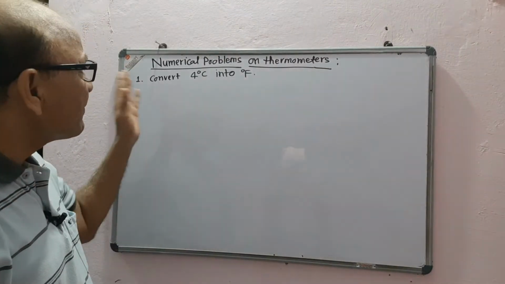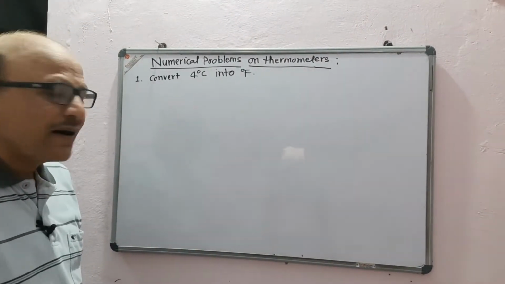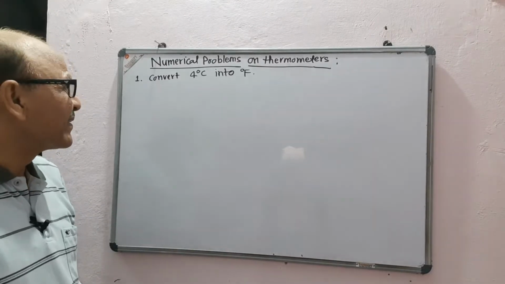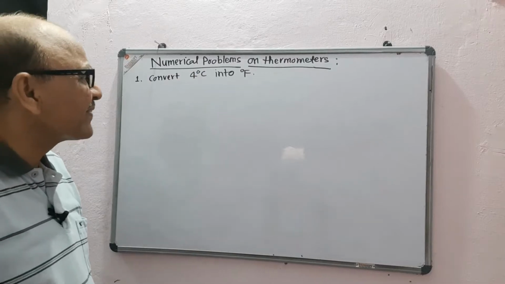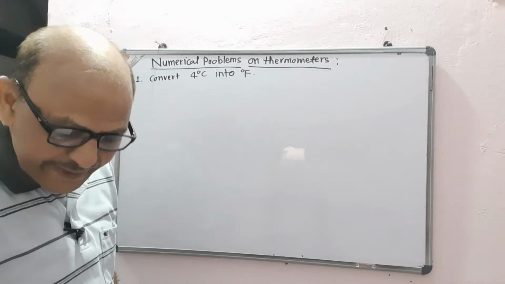Now, we take some numerical problems on thermometers. First question is, convert 4 degrees Celsius into Fahrenheit.